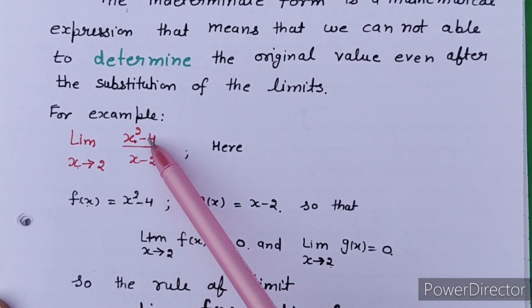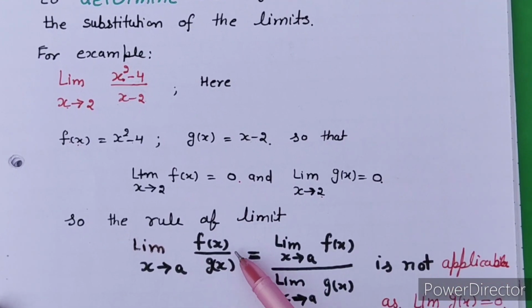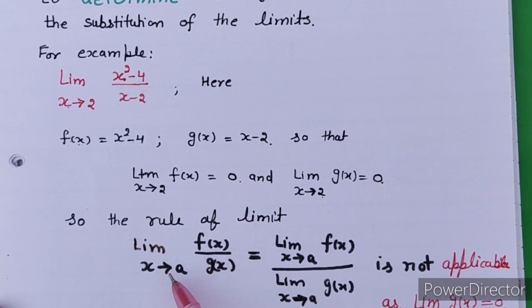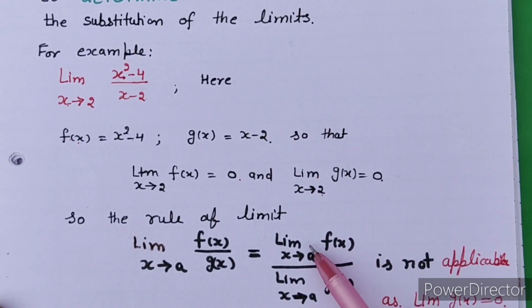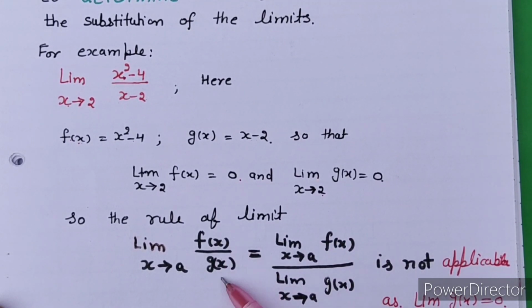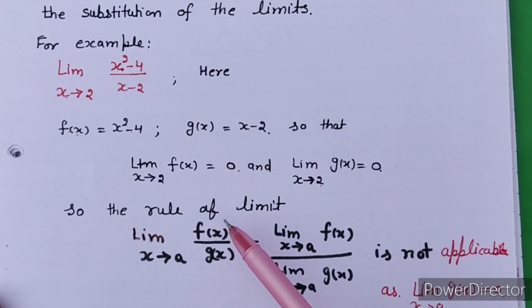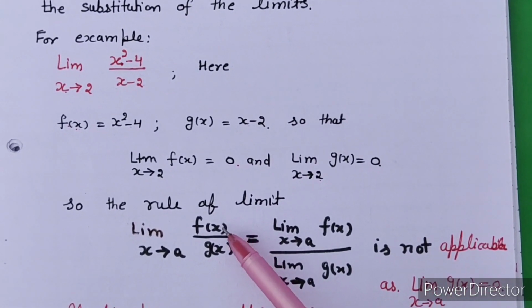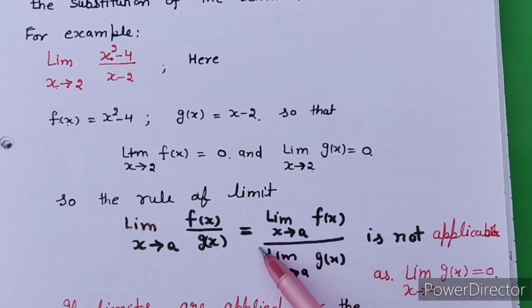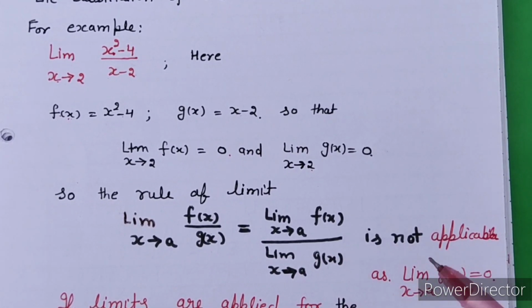Here I wrote an example. In that case we can't calculate the limit directly by putting the limit in the above part and the below part. To apply the rules of limit, there is a condition that the limit of the lower term, the denominator of your rational function, is not equal to 0.